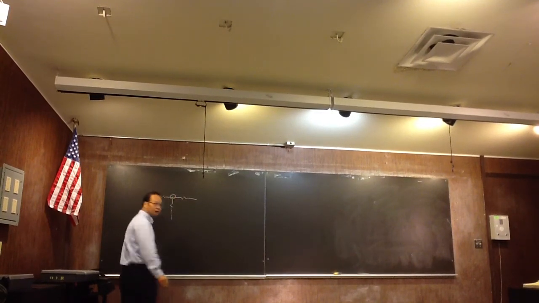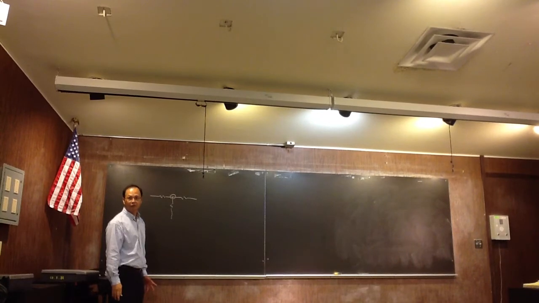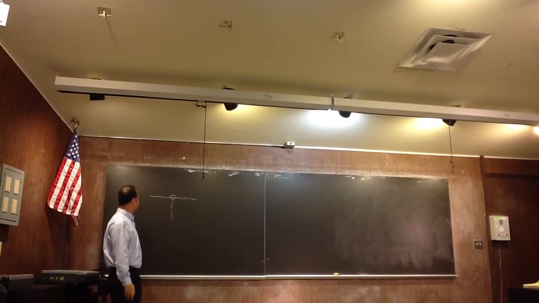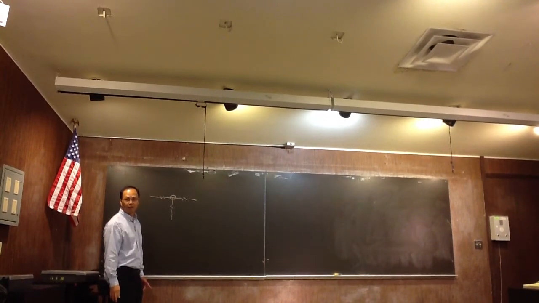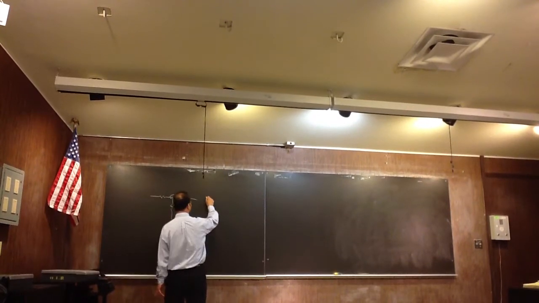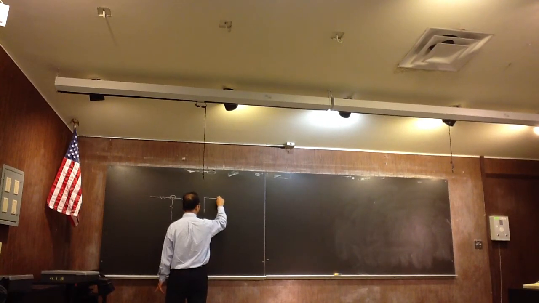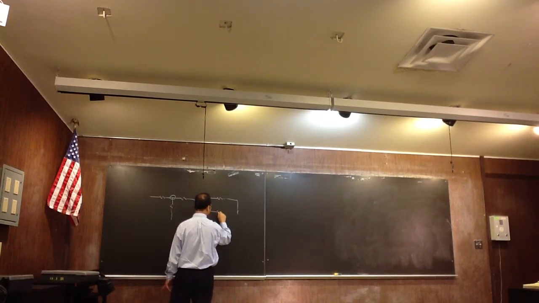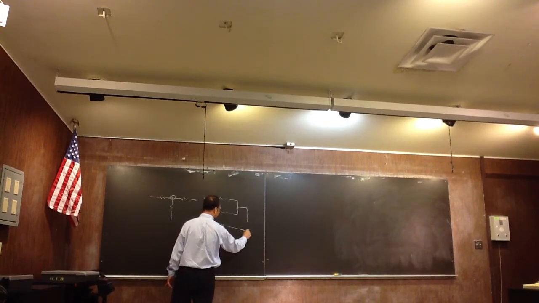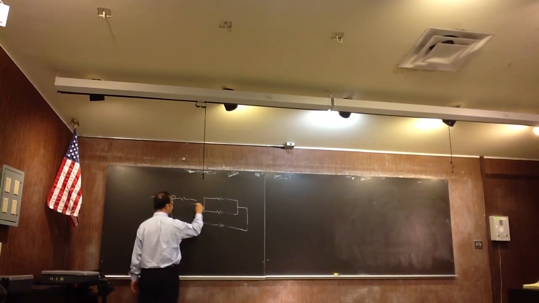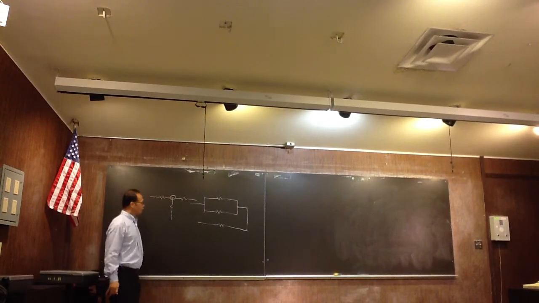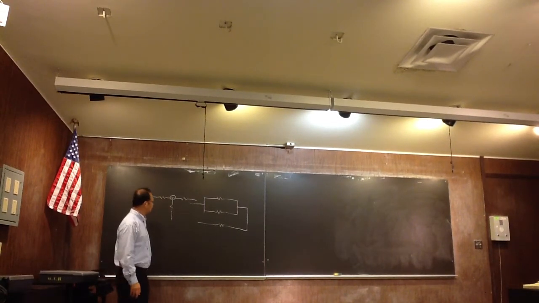So this is a node. The book would say that sometimes we'll talk about the whole top branch as being a node and the whole bottom branch as being a node. Let's see, if I have this, how many nodes do we have?